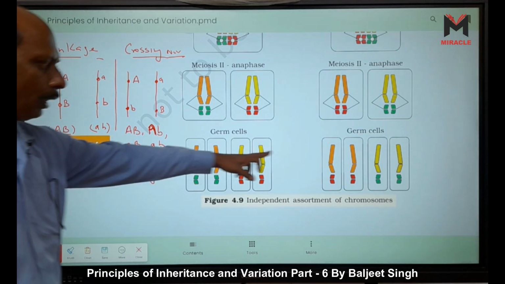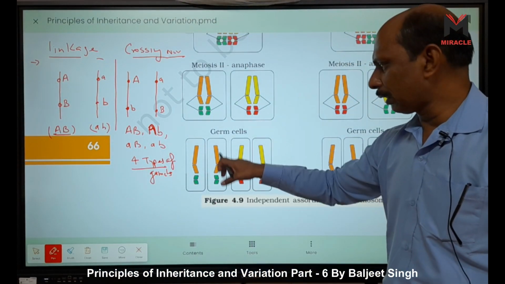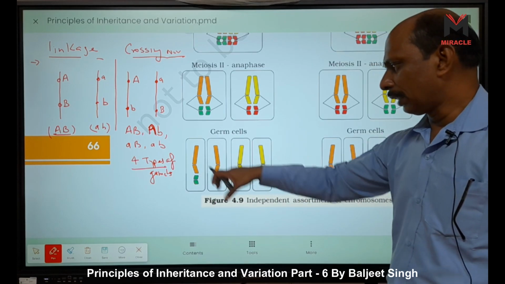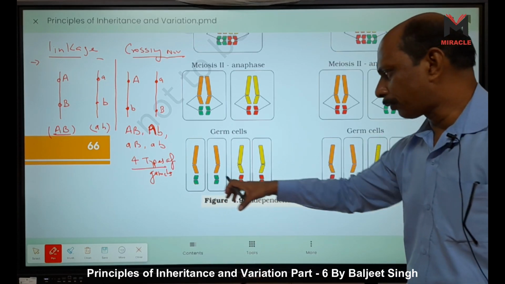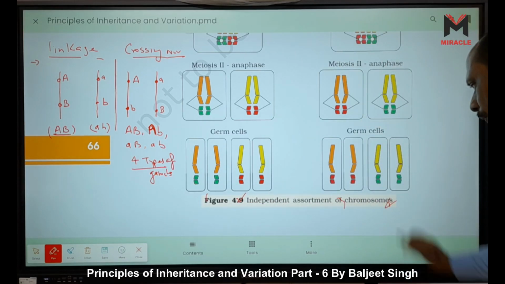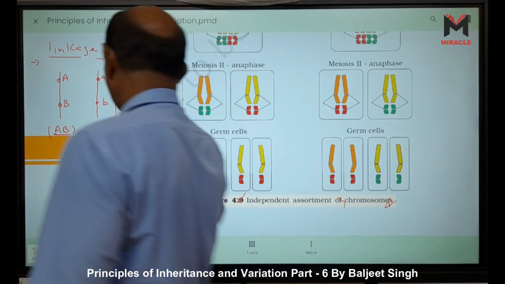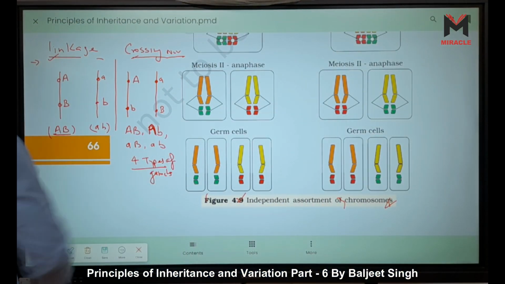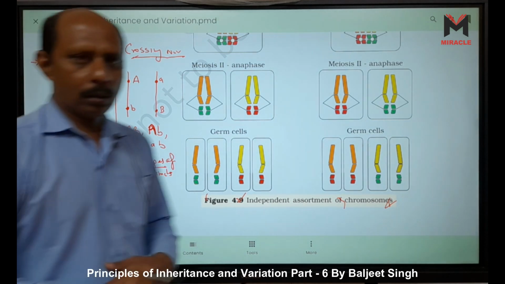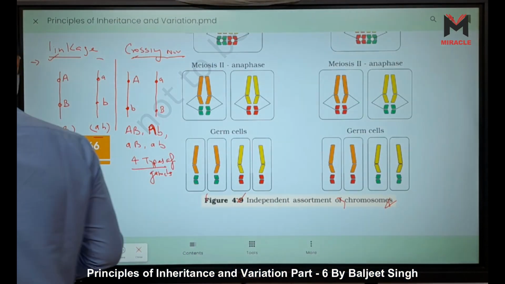Here you also see, due to the possibilities, 4 types of gametes are formed, 1, 2, 3 and 4. So 4 types of gametes are formed in case of crossing over, and in linkage we have only 2 types of gametes. That is the difference.